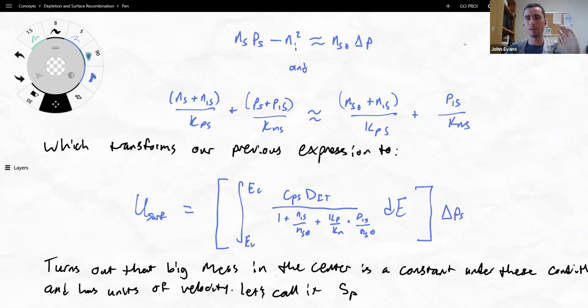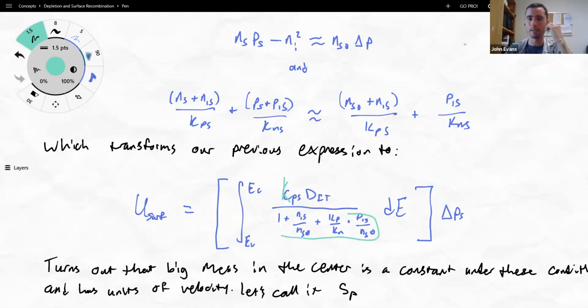So now we have the surface recombination velocity, which is equal to this integral, this Cp, that should be KPS, multiplied by our density of states. We have this new expression in the denominator, and we multiply the whole thing by the change in the concentration of holes at our surface, or minority carriers at our surface.